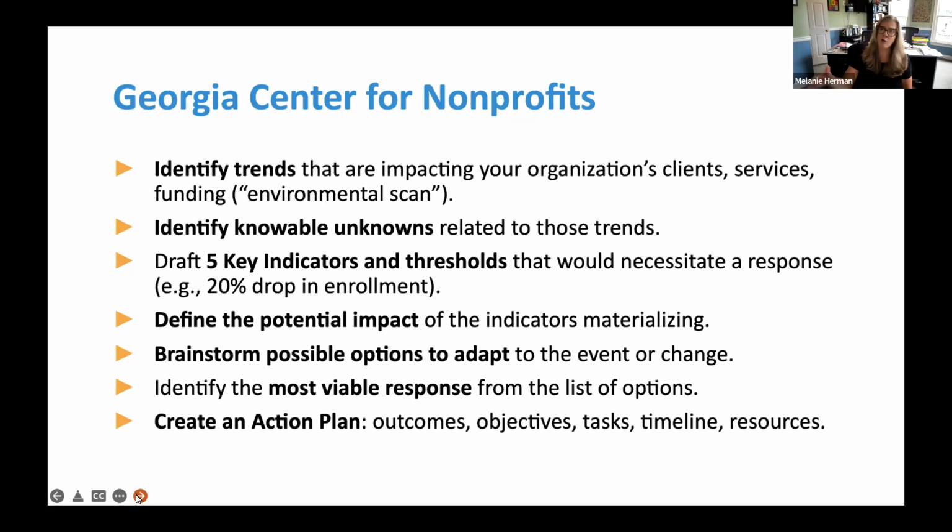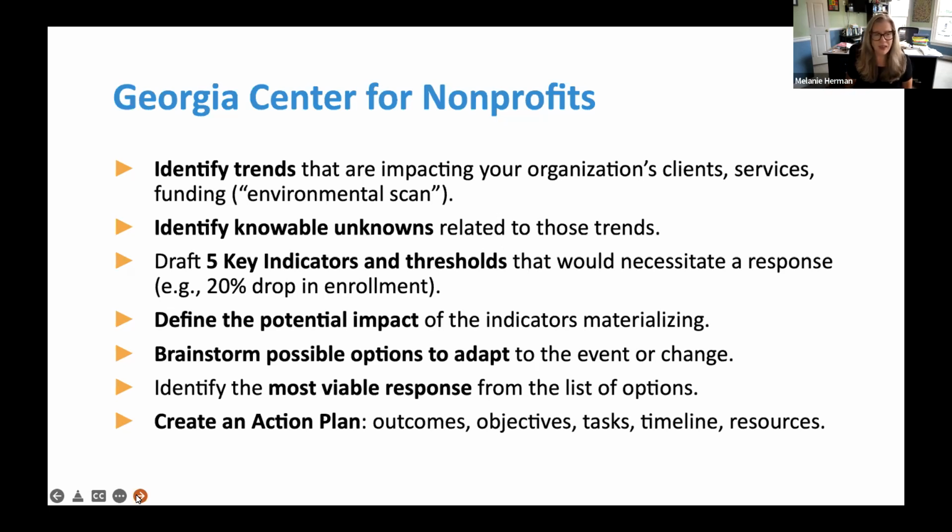So we don't know how many clients are preferring this type of service over that type of service. We don't know exactly what the trends have been with respect to serving people or demand for services, but we could find that out, right? We could look through our files, we could look at attendance records and so forth and figure that out. So those knowable unknowns, what are the things related to those trends that we don't know and that we can find?